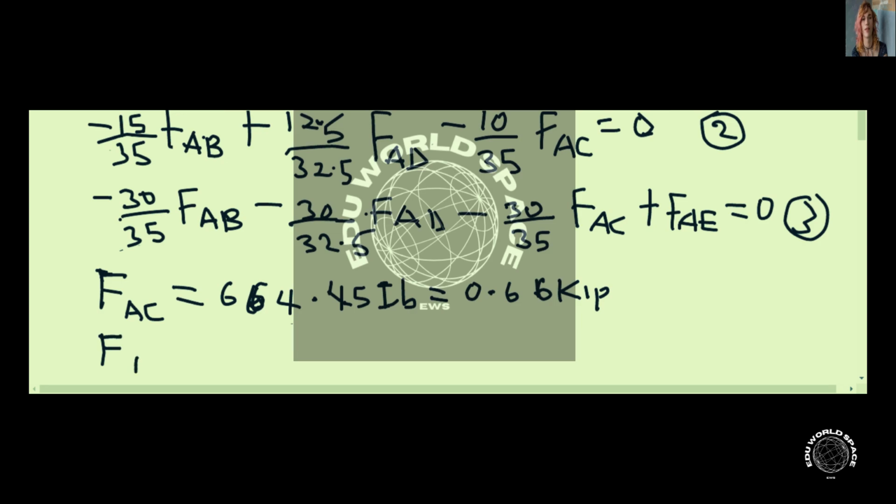The maximum tension in AD is going to give you 1627.4 lb, which is equal to 1.6363 kip.